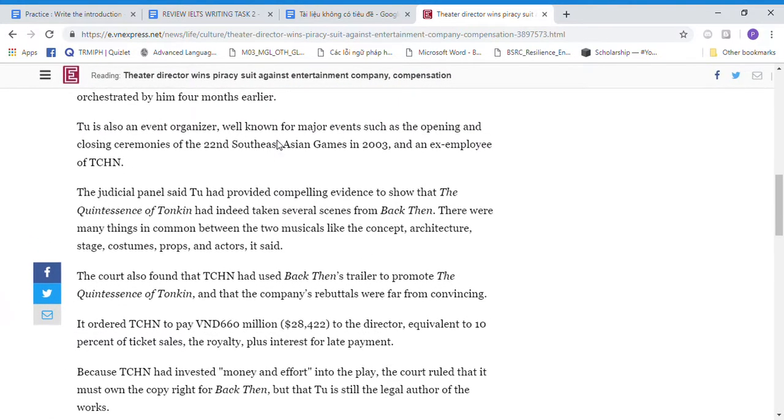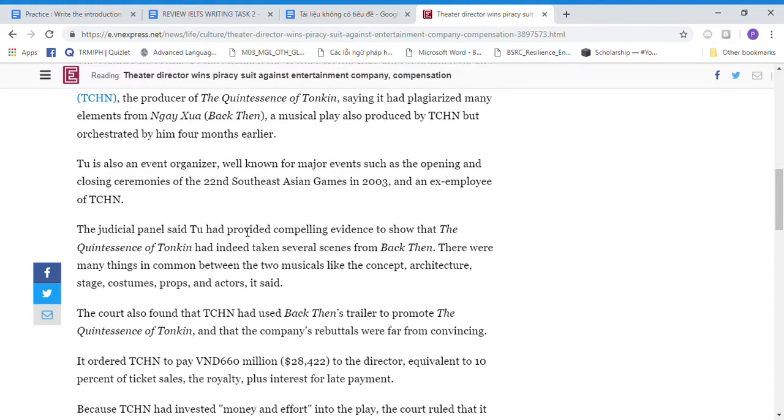For example, provided compelling evidence to show that, right?